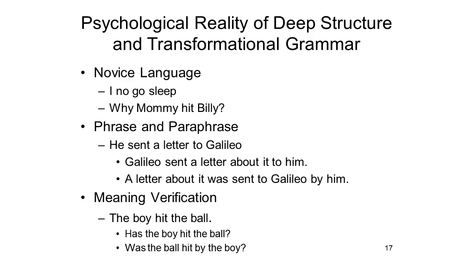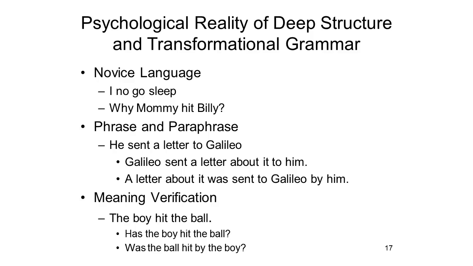Further evidence is provided by studies of memory for paraphrases. In such experiments, subjects study a sentence like, he sent a letter to Galileo, and then are asked to recognize studied sentences from a set of targets and lures. Interest in the experiment comes from recognition errors that are made in response to alternative phrasings of the test sentence. And it turns out that phrases that represent a different proposition but the same attitude are correctly rejected.